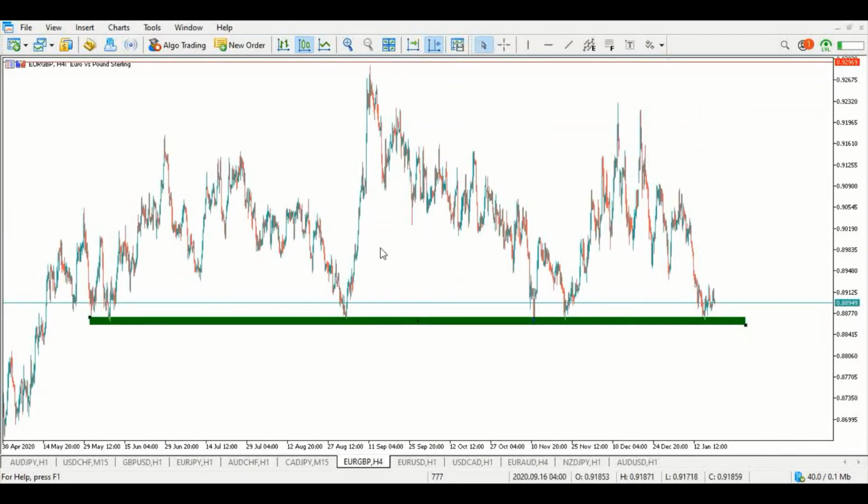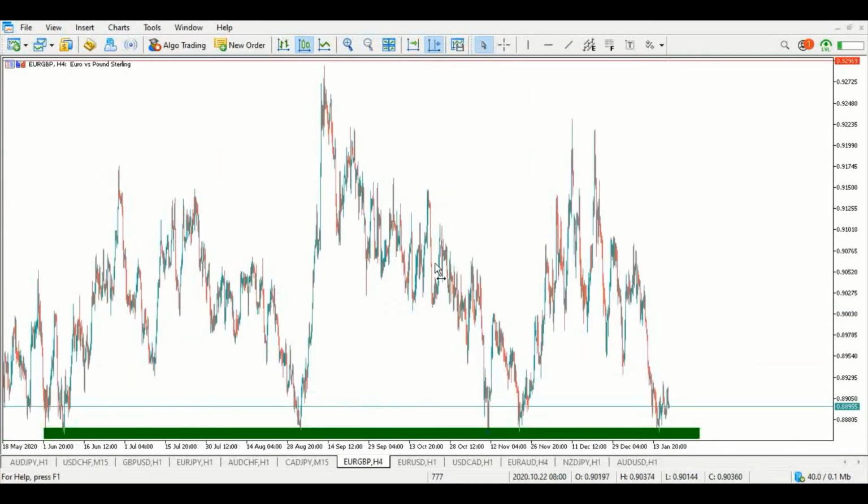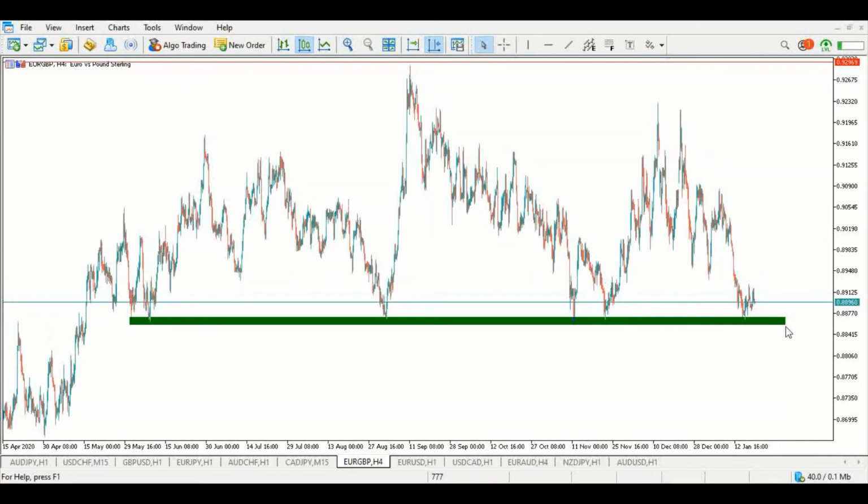Price has been getting supported on this level area multiple times. Support again, again, and recently price was right there. Let me try adjusting it a bit so that we include the whole area. Okay, I think that's way better.